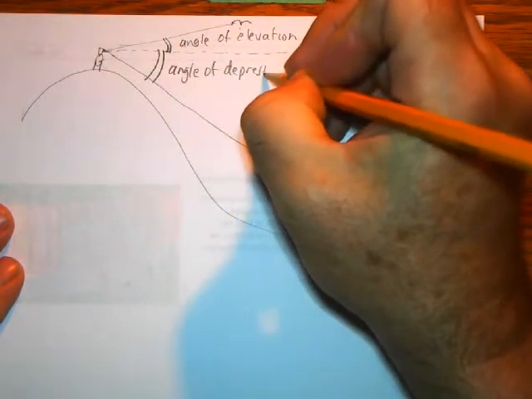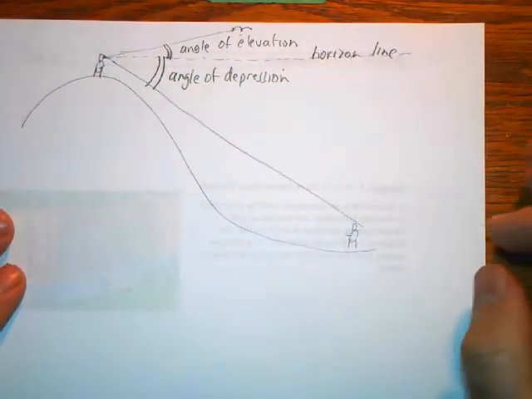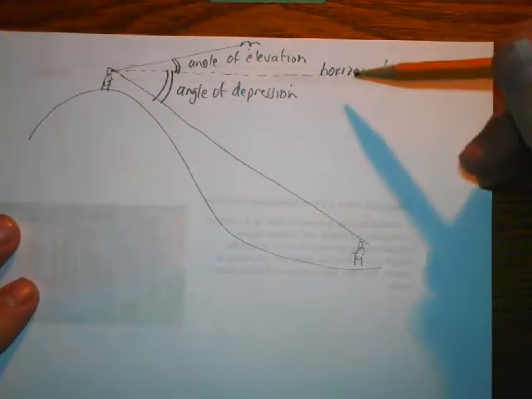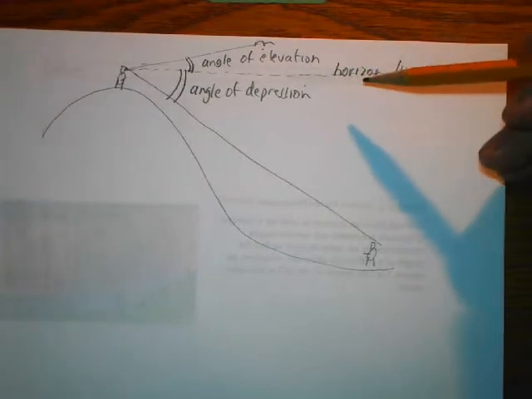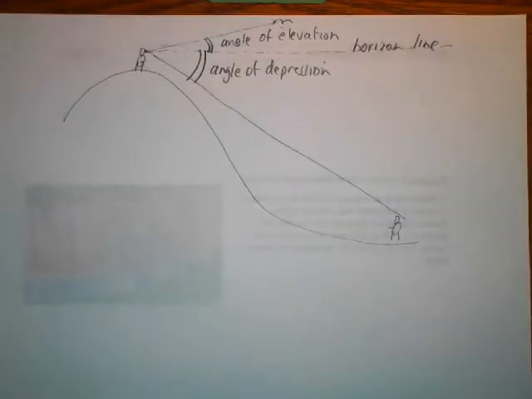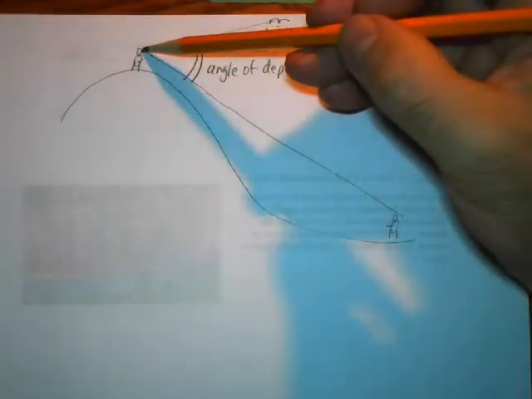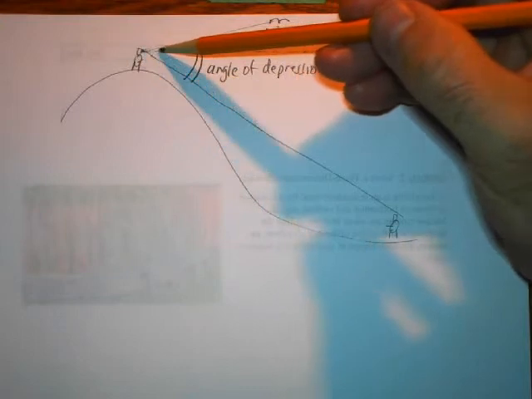It's a lot easier to have a picture like this and understand it than just two sentences in a definition. I think the book would have something on that as well, but the important part is that you have a horizontal line that you're measuring these angles from.